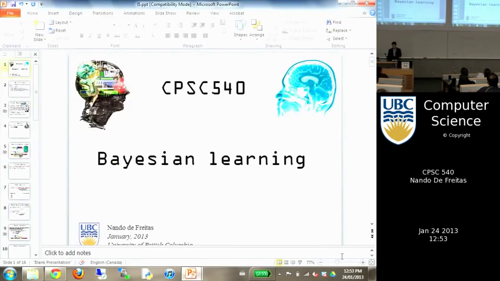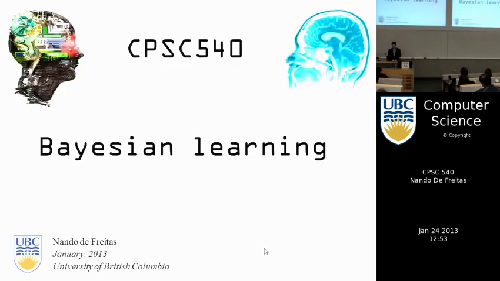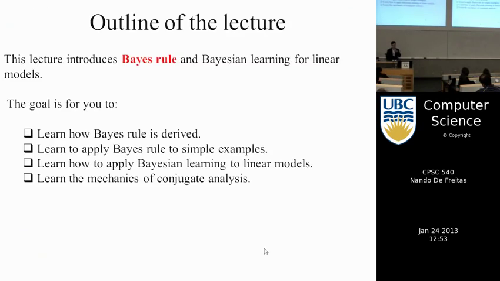All right, so that provides us with some motivation for Bayesian learning, and I'm going to start with the basics of Bayesian learning. So I'm going to first talk about what Bayes' rule is, which is used in Bayesian learning, how to apply Bayes' rule to a very simple example, which I assume some of you have seen before, and then we're going to apply Bayesian learning to the linear model.